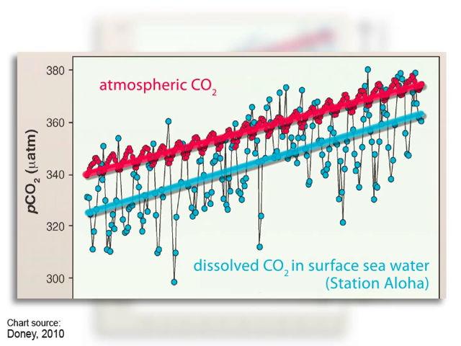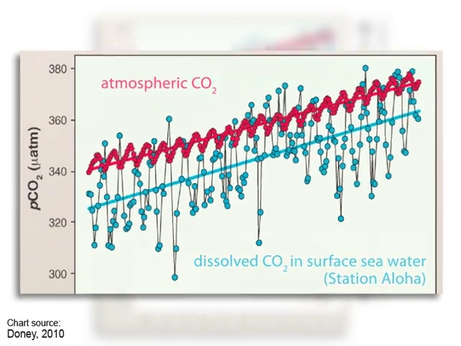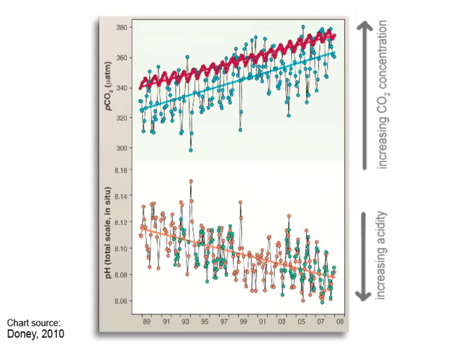The trend is unmistakable. The dissolved CO2 concentration in the surface ocean is rising as atmospheric CO2 content increases. And as chemistry would predict, and the declining pH indicates, the surface seawater is progressively becoming more acidic, in step with the increasing dissolved carbon dioxide concentration.